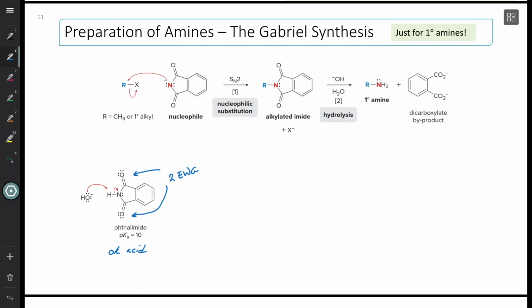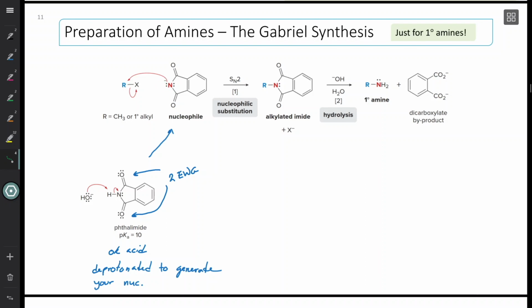So it can become deprotonated to generate your nucleophile, right? And so once it is deprotonated, you have that lone pair on the nitrogen.